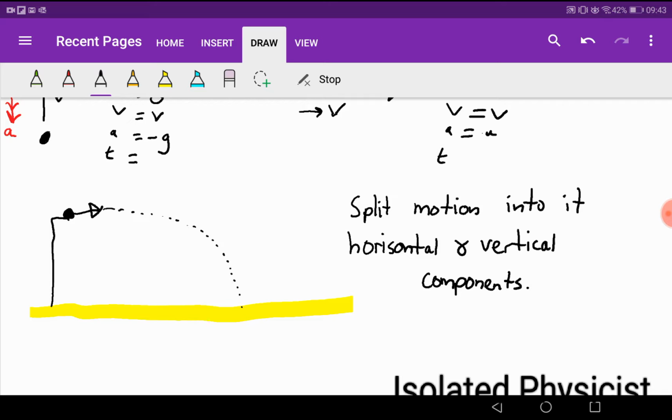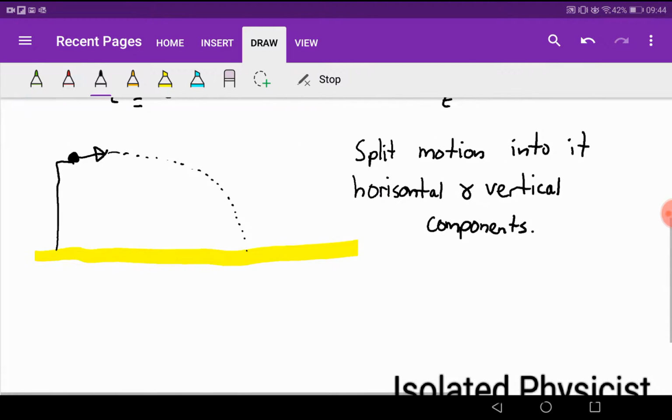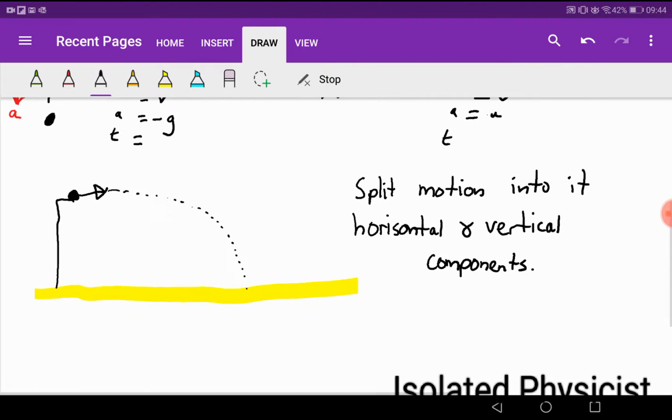So what we can do is we can look at a problem like this, and we can say, well, actually, it's gone a certain vertical distance s, and it's also gone a horizontal distance s.